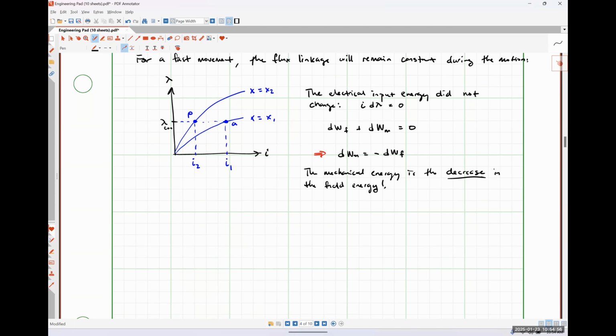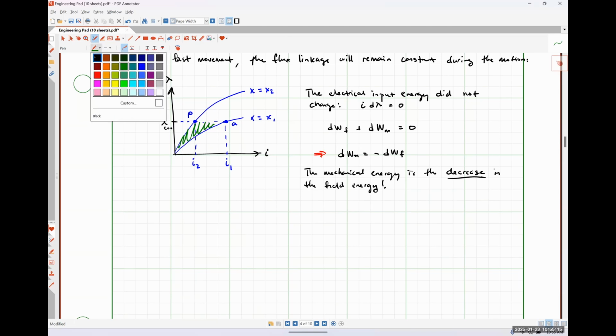Not going through all of the areas and all of that kind of good stuff, that mechanical energy is essentially going to wind up being this area yet again, which is exactly what I mentioned. It's the decrease in the field energy.